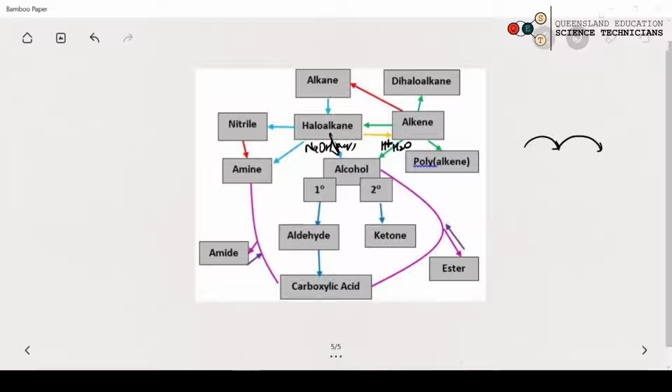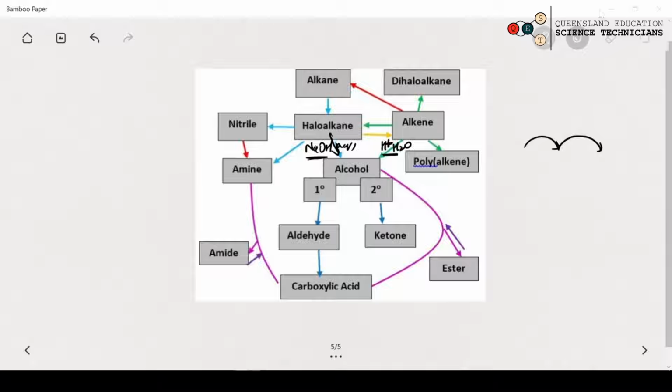So both of them needed the water present, but if you were told that it was mixed with sodium hydroxide, you know it has come from a haloalkane. Whereas if you were told that it was mixed with water and an acid catalyst, then you know it's come from an alkene. So remembering what your conditions are helps you determine what the product was before, if you're told the product that you end up with in the middle or at the end.